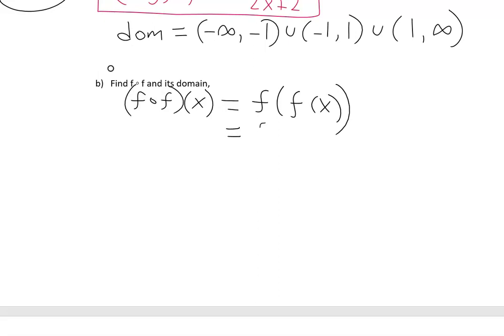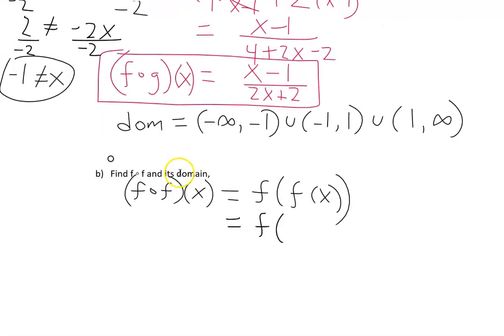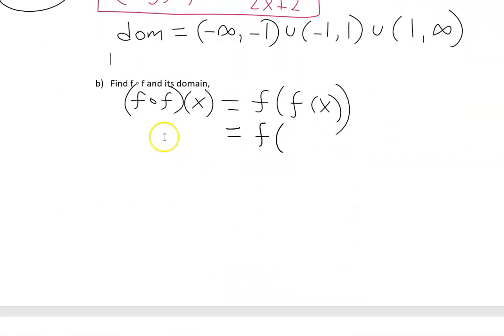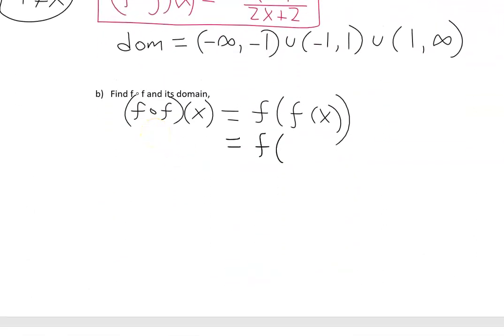If we go back up here and look, we see that f of x is equal to 1 over x plus 2. So we're looking for f of 1 over x plus 2. Everywhere there's an x, we're going to replace it with 1 over x plus 2.